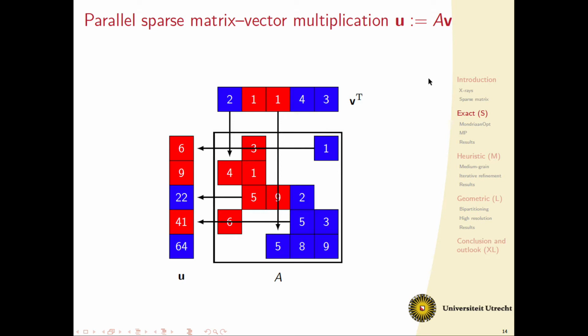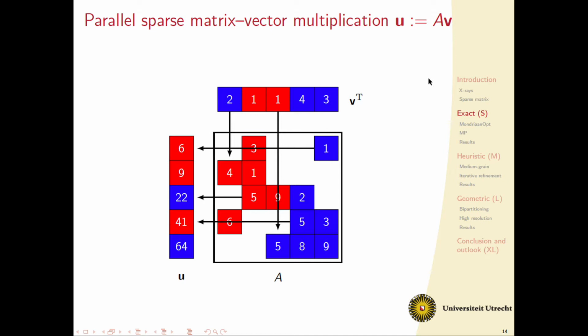And all the data, both the matrix and the input and output vector, are colored, meaning we have chosen a certain distribution. And then I like to show the input vector above the matrix, because you see this value of 2 is needed, because it needs to be multiplied by 4. It's needed by the red processor, and then it's added with the 1 times 1 into this 9.